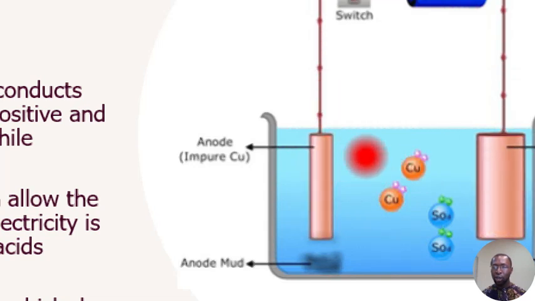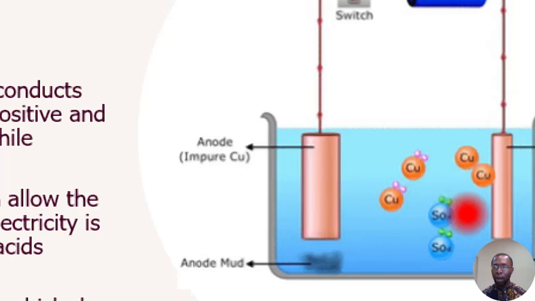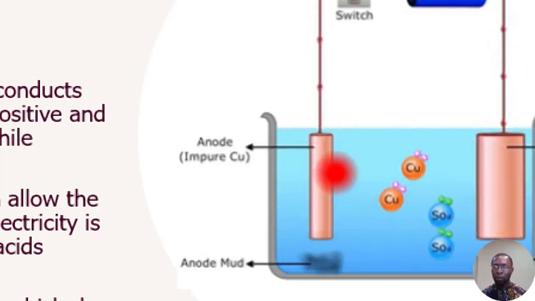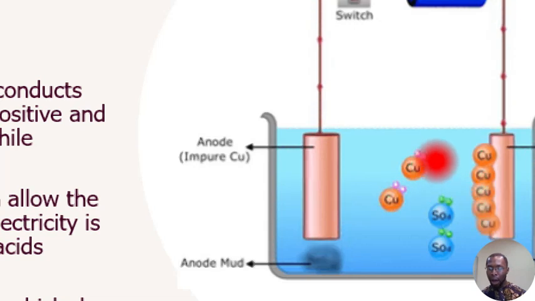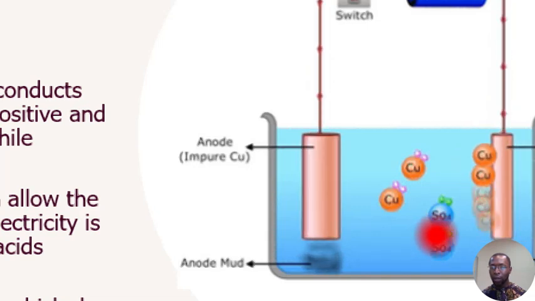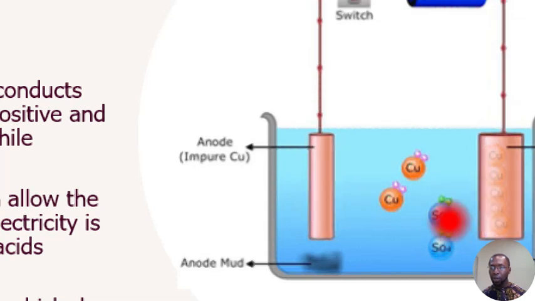Okay, and this is a typical example of electrolysis occurring. You could see that the electrolyte in this case, copper sulfate, is conducting electricity because the copper has ionized and become copper ion, while the sulfate has also ionized and become sulfate ion. You can see it here.